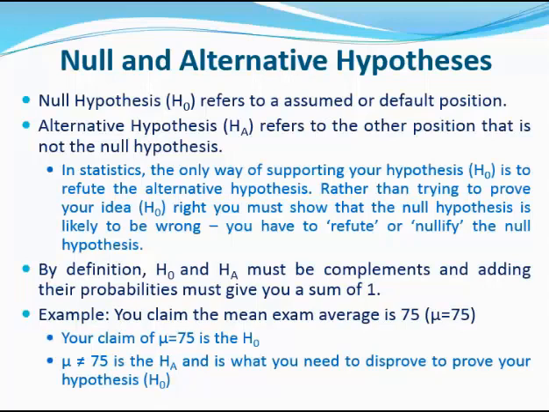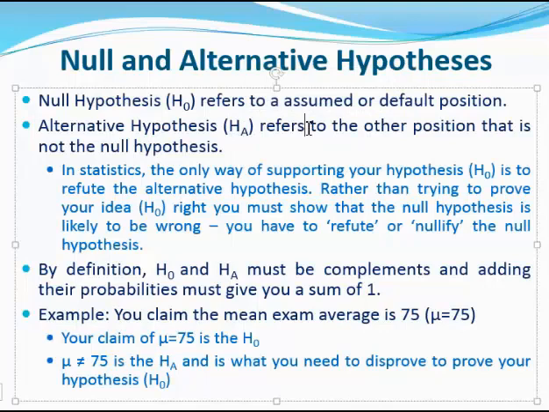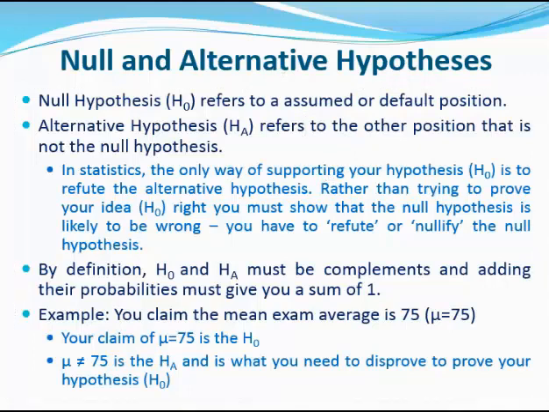So, for example, if I tell you that it's sunny outside, well then the default position, the assumed position, my asserted position is that it's sunny outside. The alternative hypothesis, HA, refers to the other position that is not the null hypothesis. And the best way, the most clear way, and perhaps the only way to prove that your hypothesis is correct, to prove your H0 is correct, is to refute the alternative hypothesis.